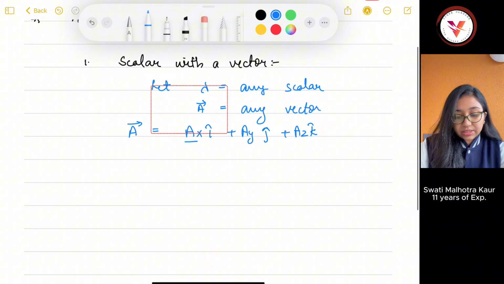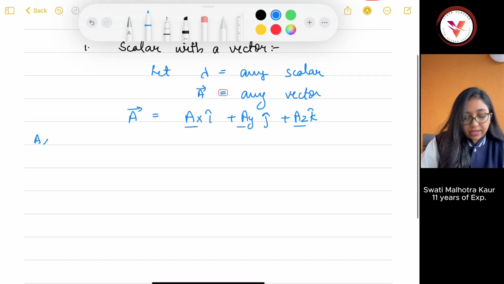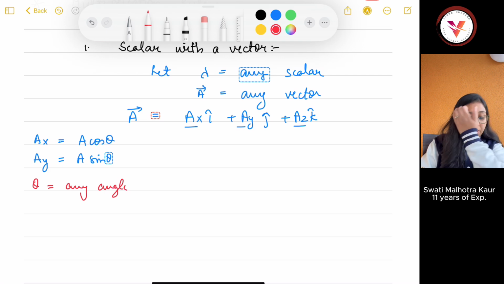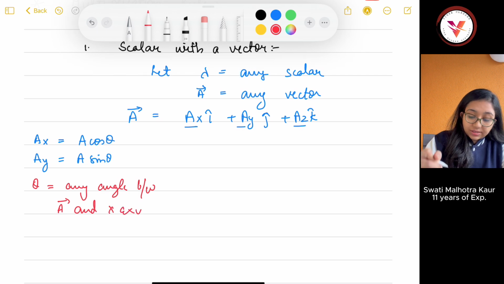But I have used ax, ay and az, where ax can be written as a cos theta and ay as a sin theta, when theta is the angle between the a vector and the x-axis or horizontal axis.